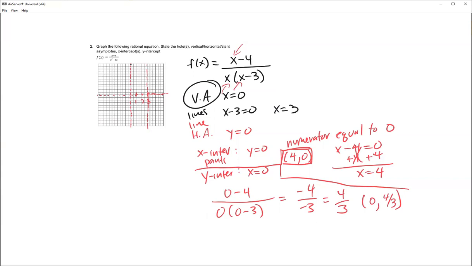Oh, you're right. Thank you. Sorry, because I was looking at this. My bad. So it will be undefined then, right? And that makes sense, because the y-axis is the asymptote. So there is no y-intercept.